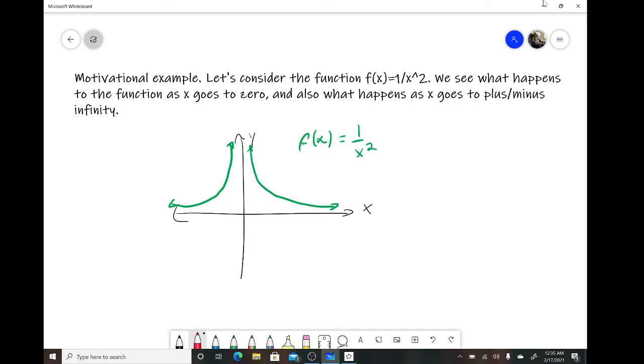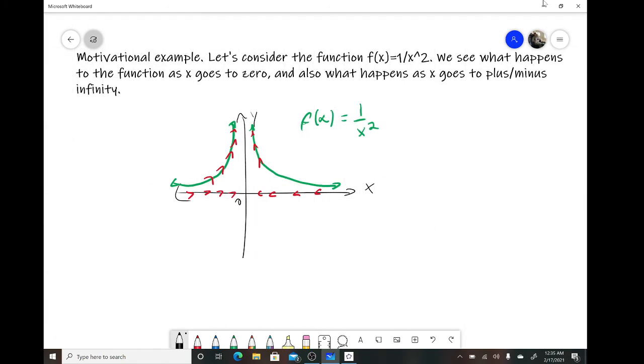And as we get closer and closer to 0 on the x-axis, the function values are becoming larger and larger and larger, and they're going up without bound. As you can see, this is happening from both sides.